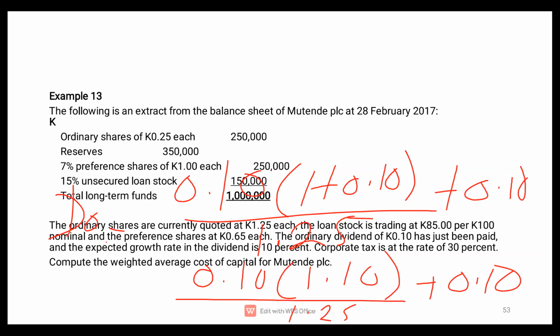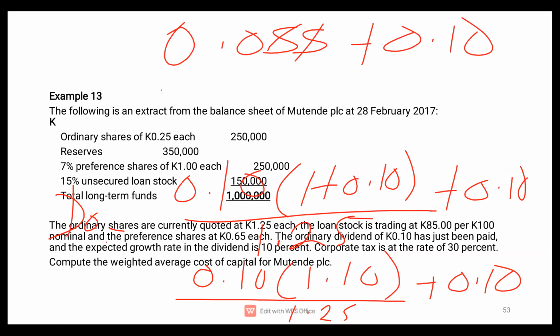Divided by 1.25. Or 0.088 plus 0.10. So what is the cost of equity using the dividend valuation model?